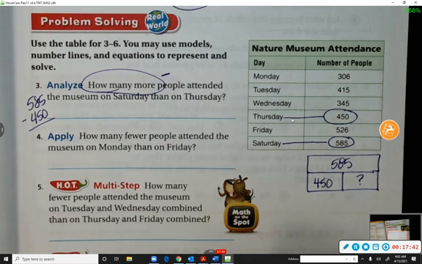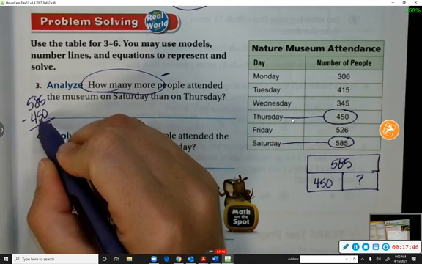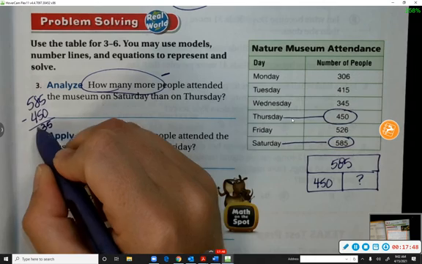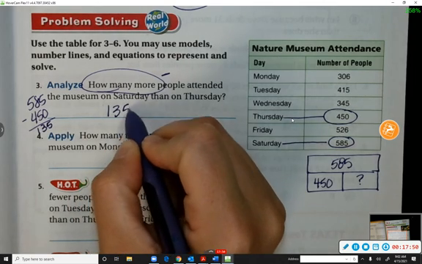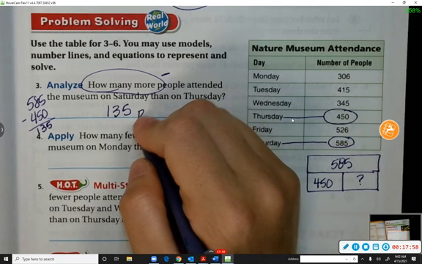Evangeline? 135. Good. 5 minus 0 is 5. 8 minus 5 is 3. 5 minus 4 is 1. So 135 people.